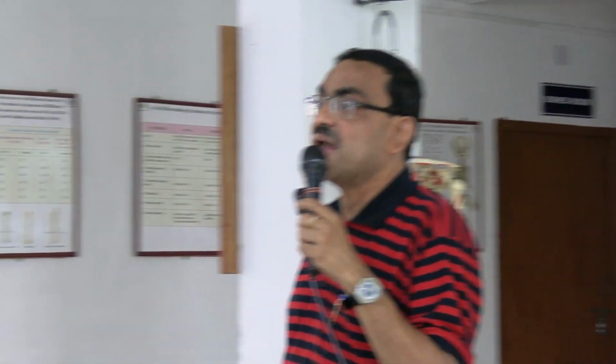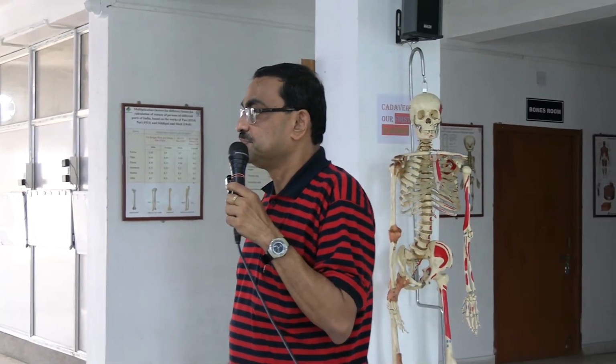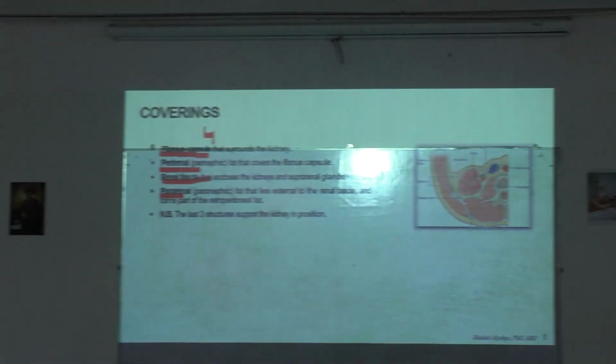That is paranephric fat. Renal capsule, perinephric fat, renal fascia and paranephric fat. These are the coverings of the kidney.